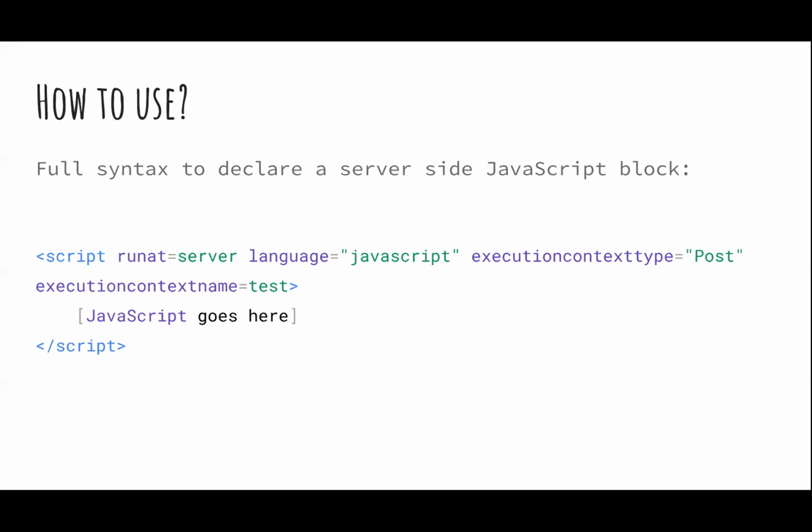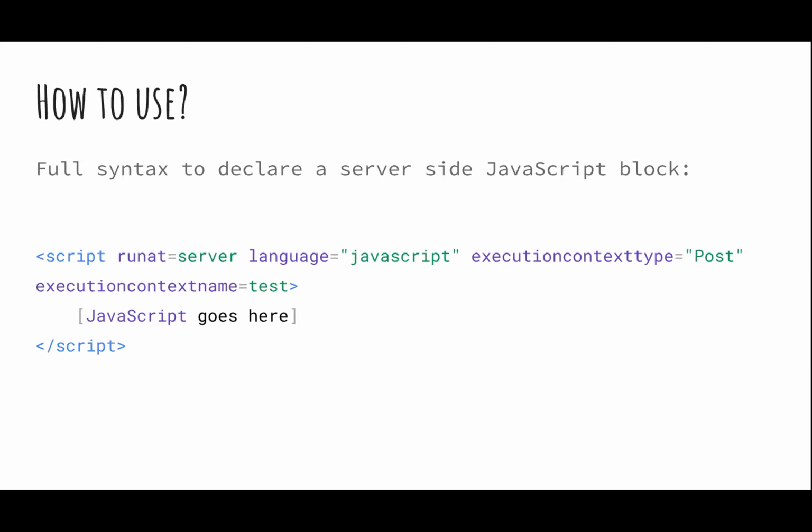The full syntax to declare server-side JavaScript is expanded, and it's very similar to AMPscript in the sense that you can change the execution type to post or get. There are options there, and you can specify a context, and it will only run given that specific context, the same as that function exists in AMPscript.